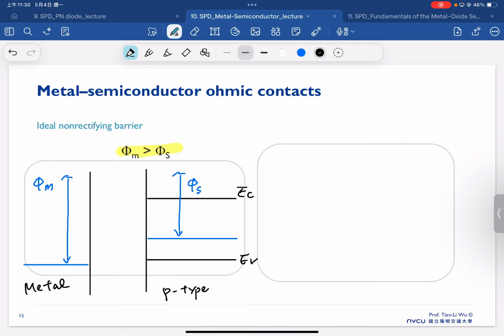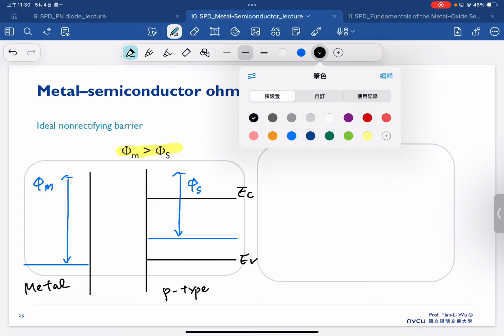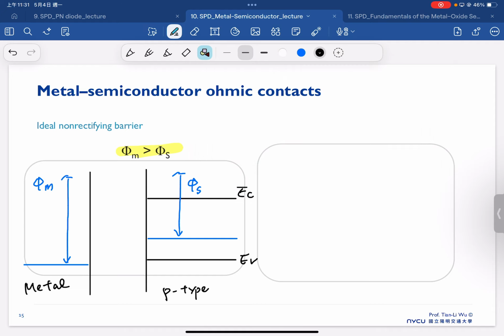So once we try to put these two materials together, we have the Fermi energy as a constant.